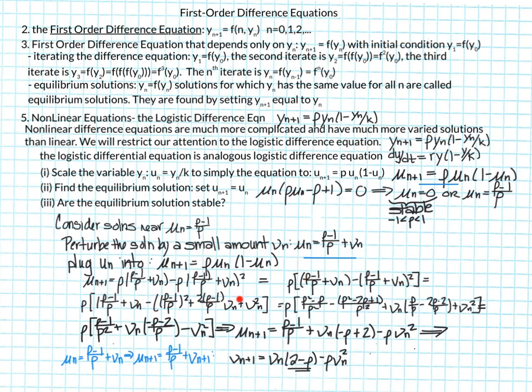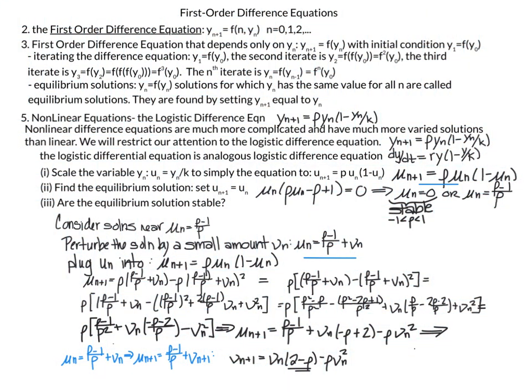The rest of all this is algebra, which you are welcome to follow, until I get mu n plus 1 equal to, and then simplifying this expression, I get rho minus 1 over rho plus vn times minus rho plus 2 minus rho vn squared.